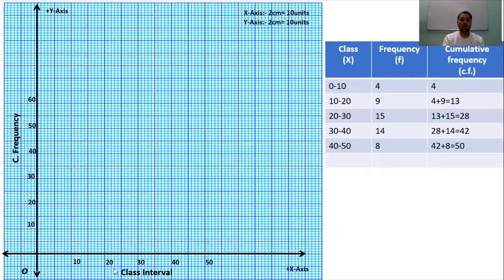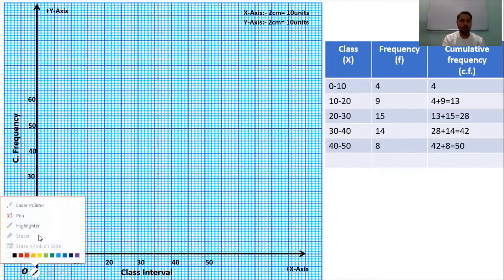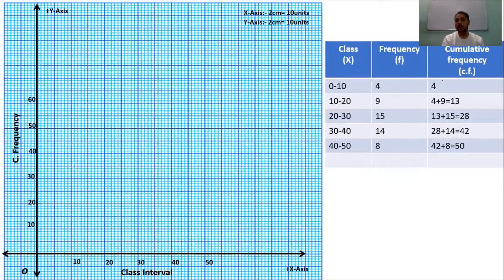Now we will draw these points: 4, 13, 28, 42 and 50. As it is a cumulative frequency curve, we will draw these points on the graph. The first point is 4, the position is here.